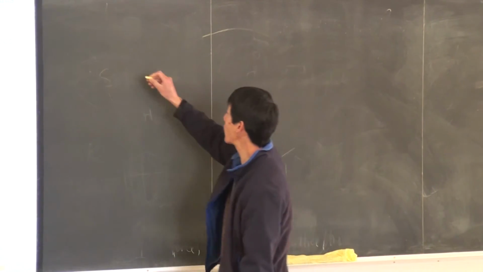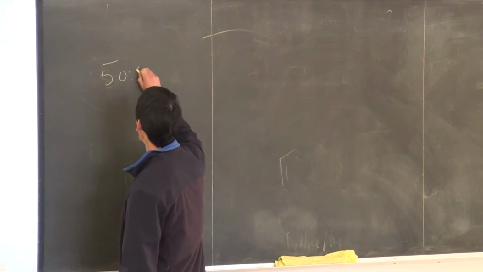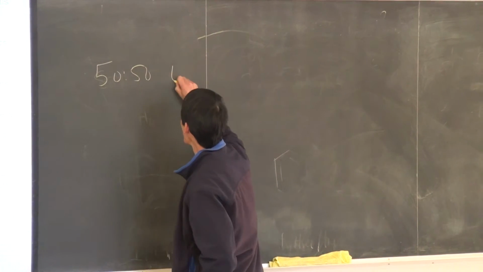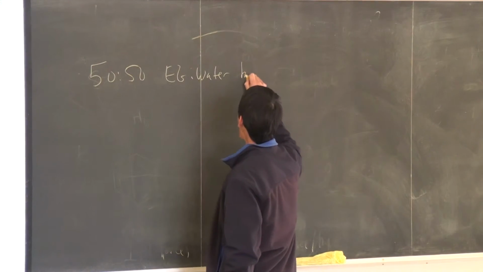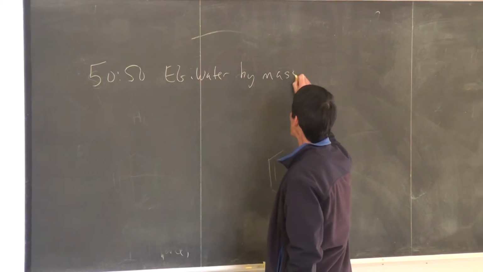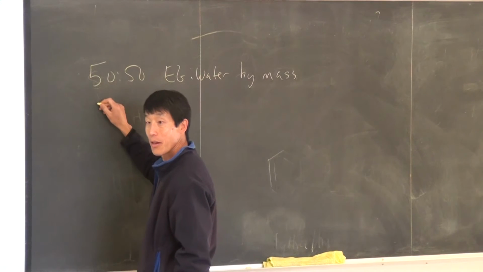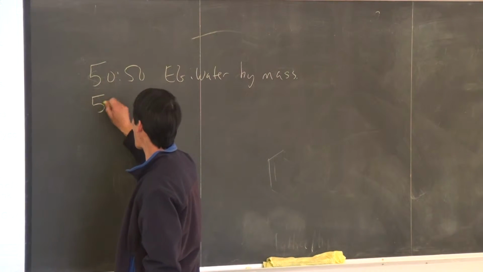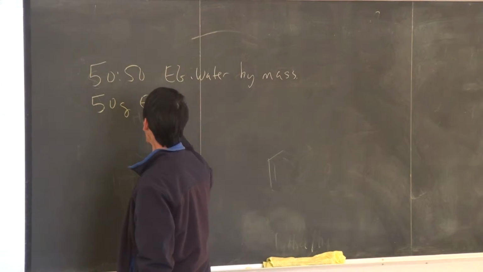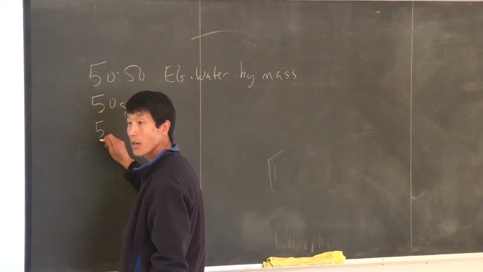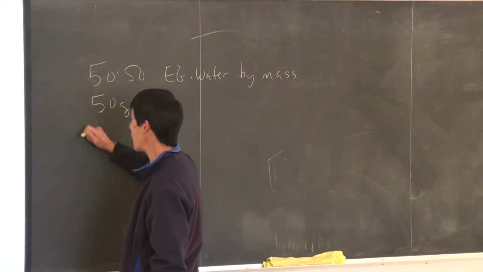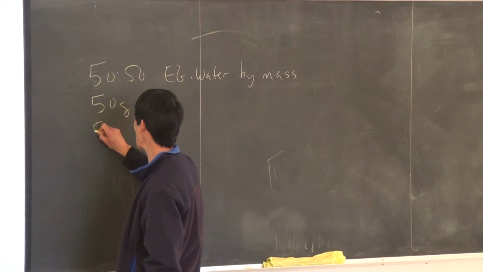okay, so if you have a 50-50 ethylene glycol water mixture by mass, that means you have 50 grams of ethylene glycol in 100 grams of solution, or we're going to take 50 grams of water.